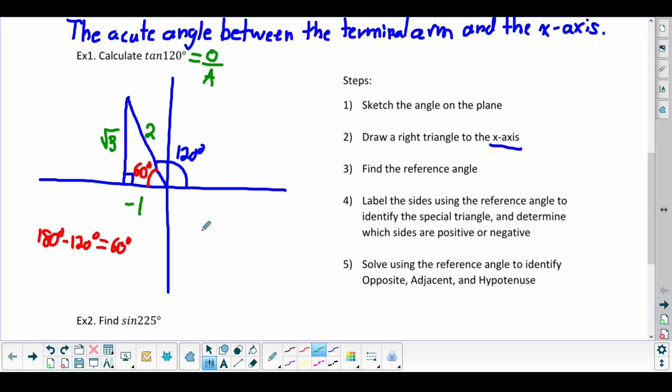So in this case, tan 120 degrees, we use the reference angle to identify the opposite, adjacent, hypotenuse. So opposite, root 3 over -1. And we can simplify that fraction a little bit. We can just bring the negative to the top, get rid of the 1 on the bottom. It's going to be equal to negative root 3.